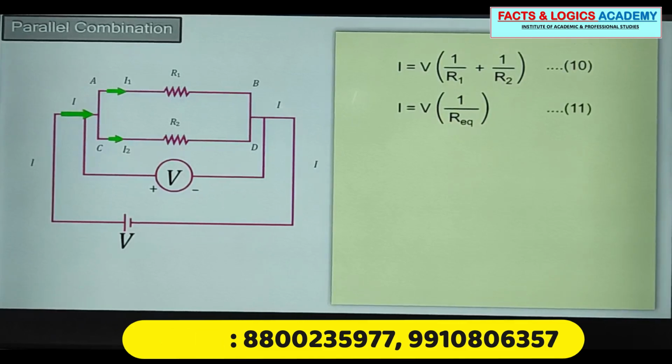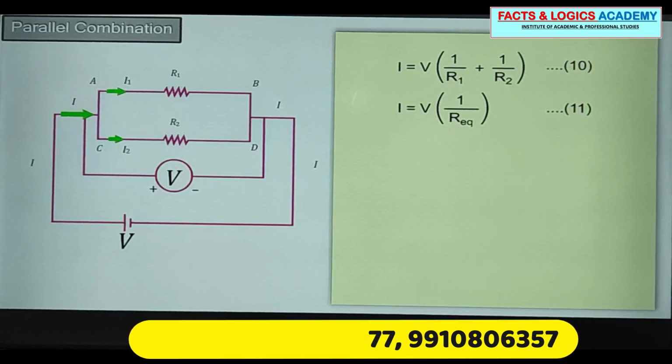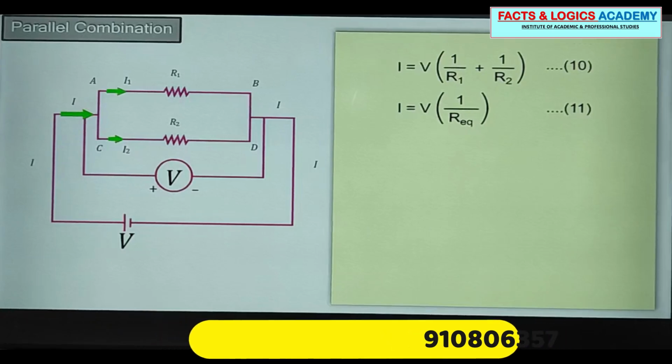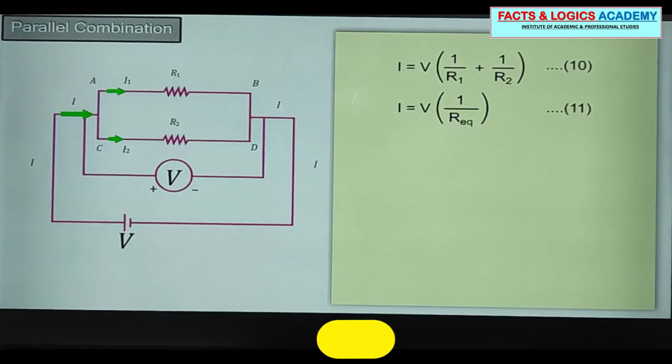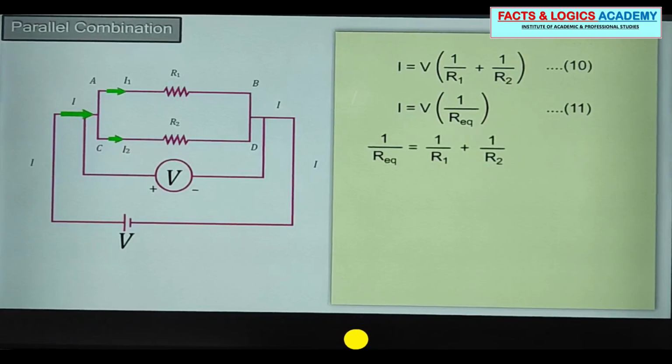Let us label this as equation 11. Req is the equivalent resistance of the parallel combination of resistors. From equations 10 and 11, we can write 1 by Req is equal to 1 by R1 plus 1 by R2. Let us label this as equation 12.